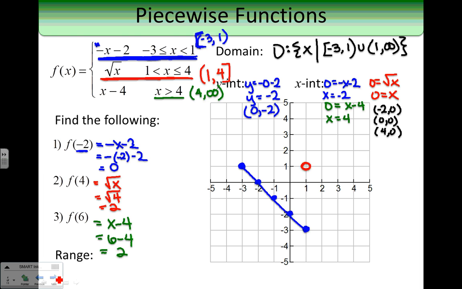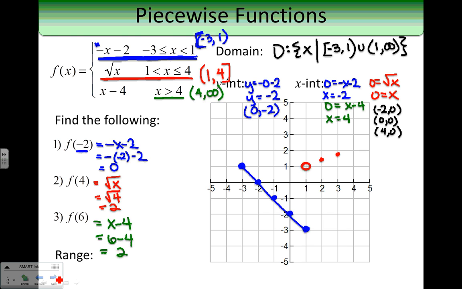Okay. So my next value that I could plug in is 2. And when you take the square root of 2, you get about 1.4. So 2 and about 1.4. Square root of 3 is about 1.7.